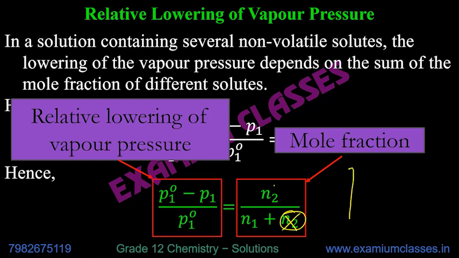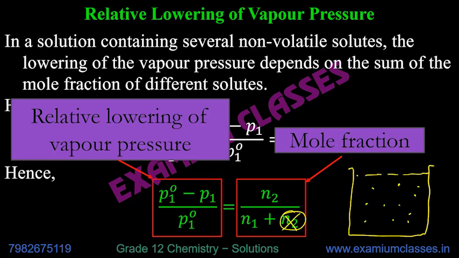N1 is solvent. Solvent is large quantity, but solute dissolved is of very small quantity. N2 you can't neglect with itself, but N2 you can neglect as compared to N1. So the number of moles of solute can be neglected as compared to the number of moles of solvent.